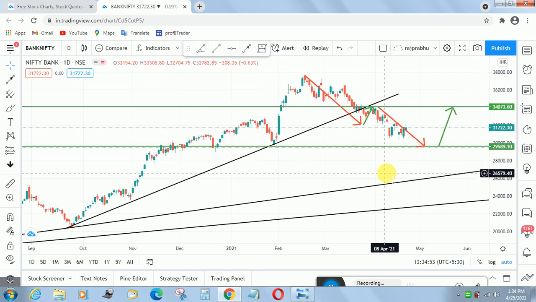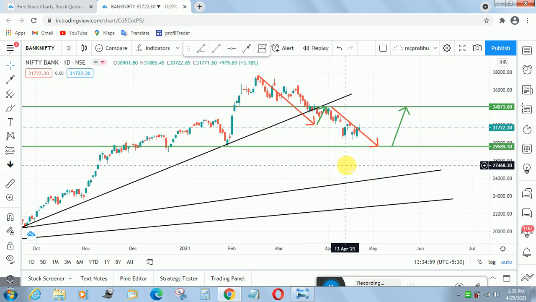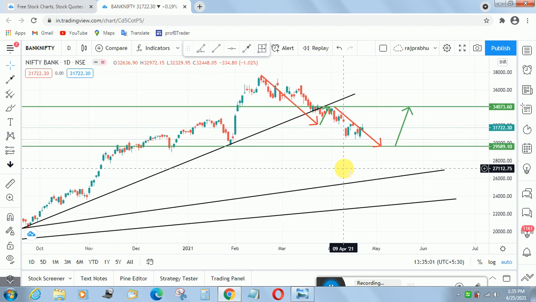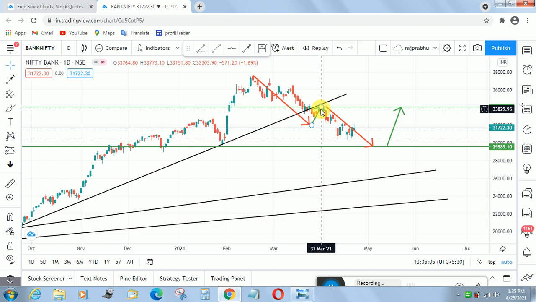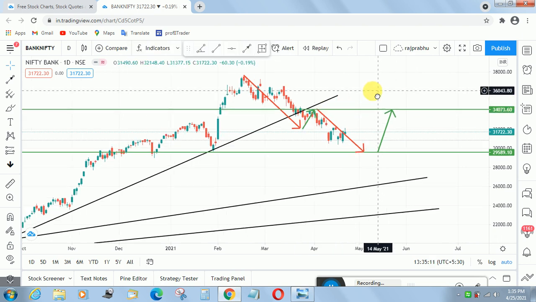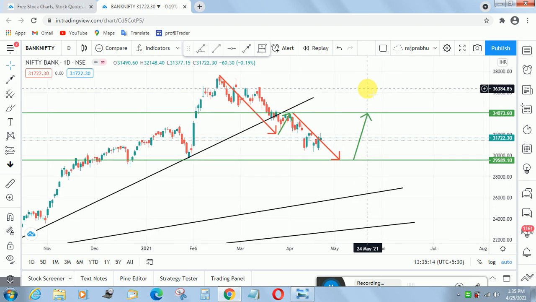Okay, I am doing this only for analysis. It will be helpful to beginners who want to analyze technically. It's very helpful to everyone, you can use it.